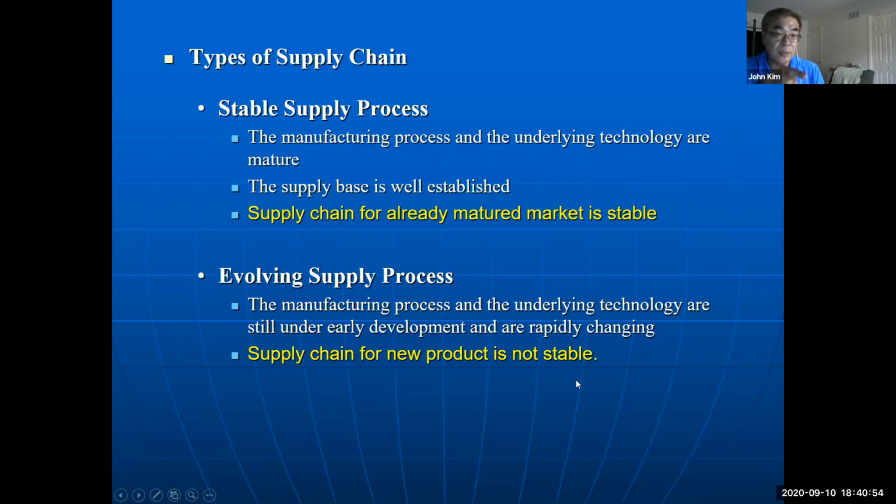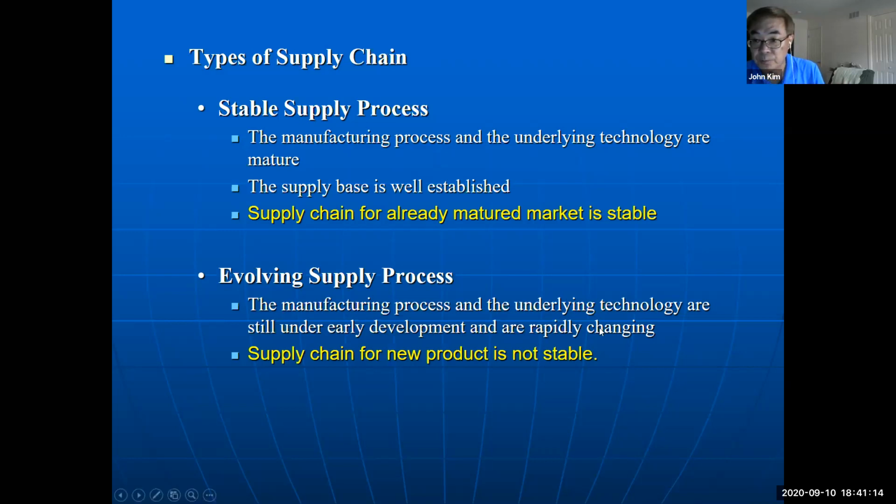Not many accessories, and the price is high. And if that changes rapidly, then supply can disappear easily.